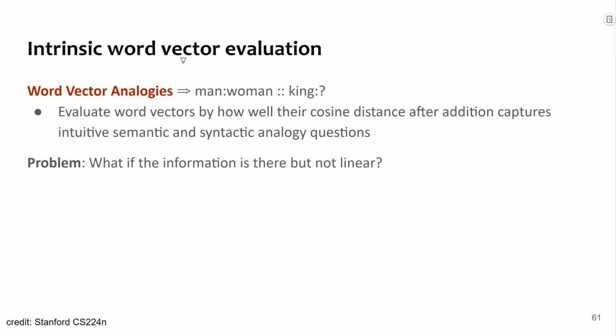Okay, one of the most famous intrinsic word vector evaluation protocols is word vector analogies. Given man and woman and king, what will be the word here? We know that it should be queen. This is evaluating word vectors by how well their cosine distance after addition captures intuitive semantic and syntactic analogy questions.